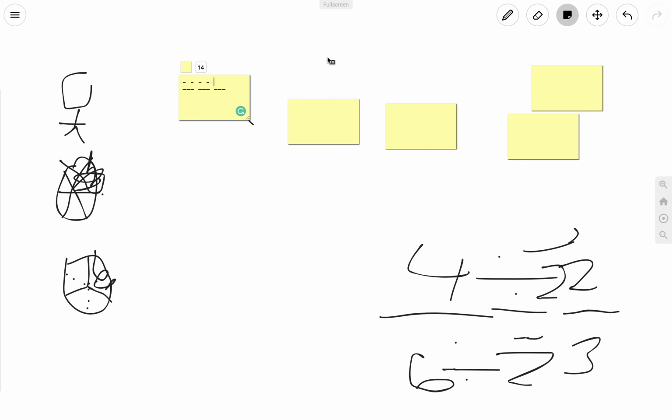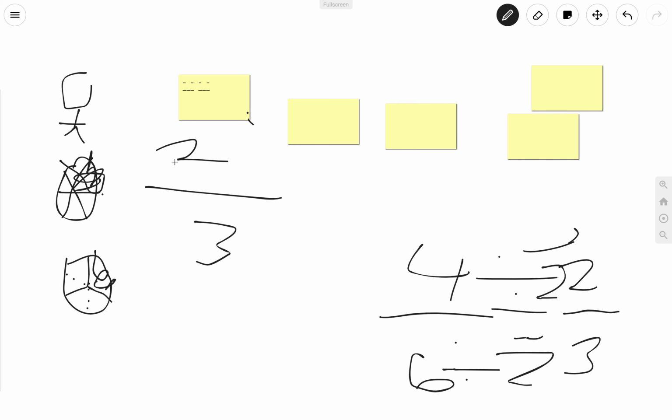Yes? However, this side gets taken away by the same amount. Now they're still equal, except now there's 4/6, because 2 has been taken away. And this one, 1 has been taken away, so this is 2/3.